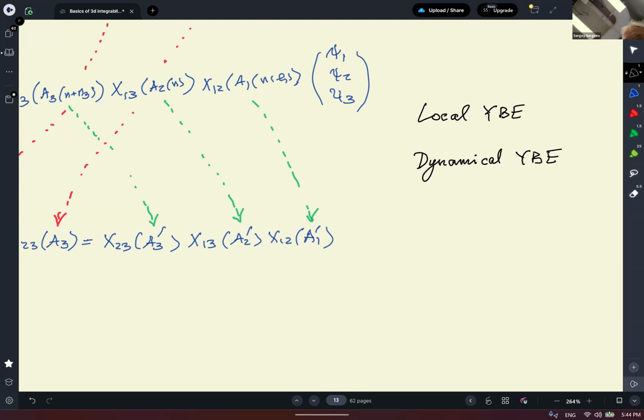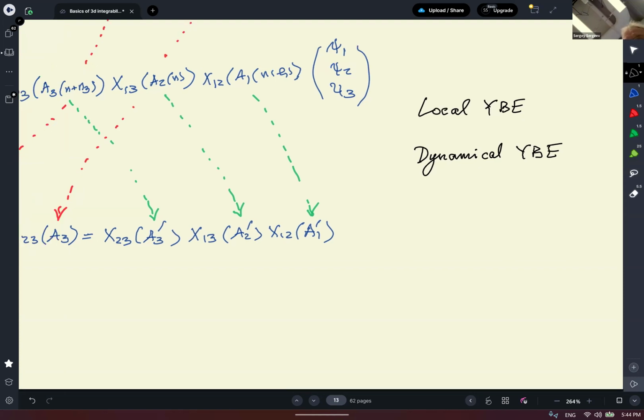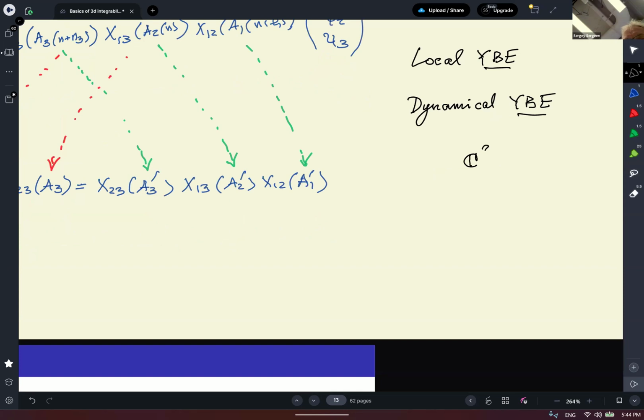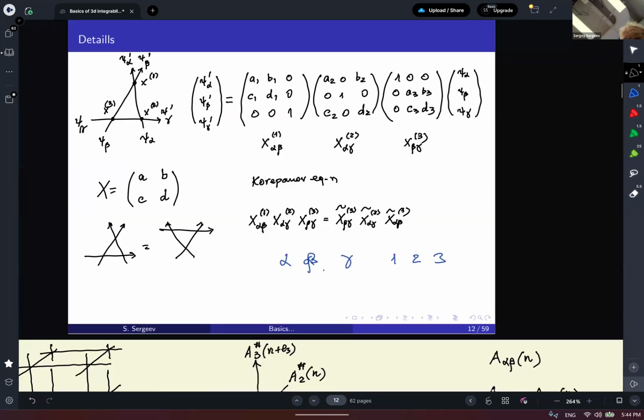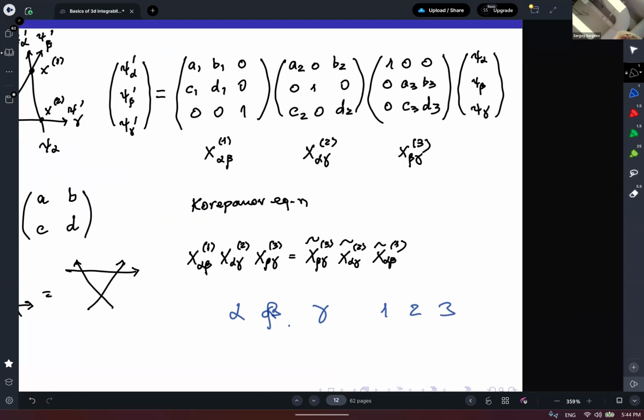But Yang-Baxter equation lives in such space. In general, in the most simple case, it must be 8-dimensional space. Our equation, Korepanov equation, look on the top. It lives in 3-dimensional space.